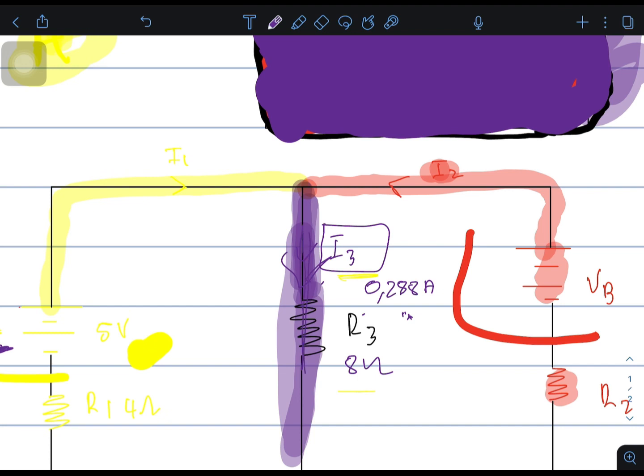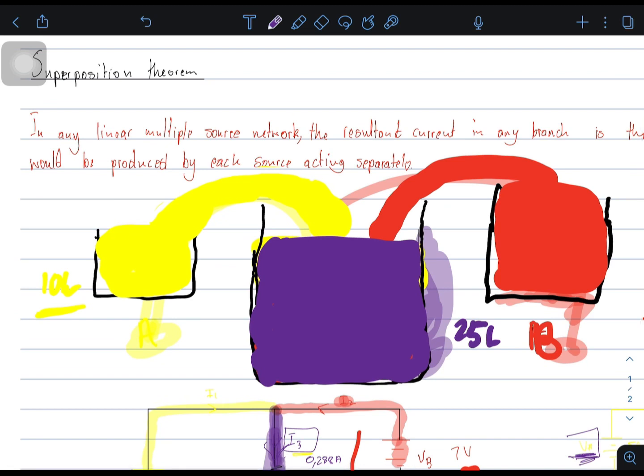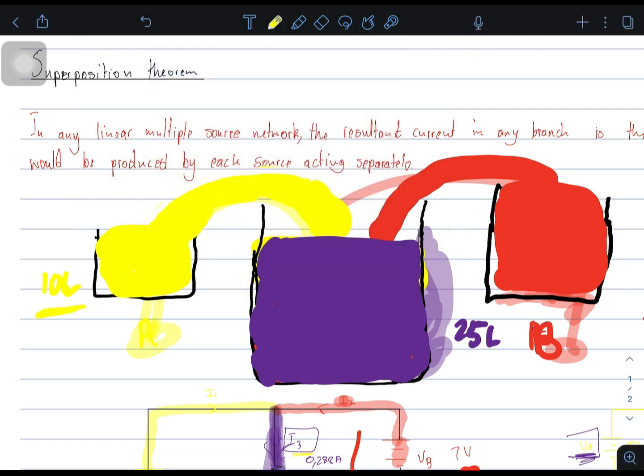In terms of my analogy, this bucket is contributing 0.288 liters when we pour it in this bigger basket.